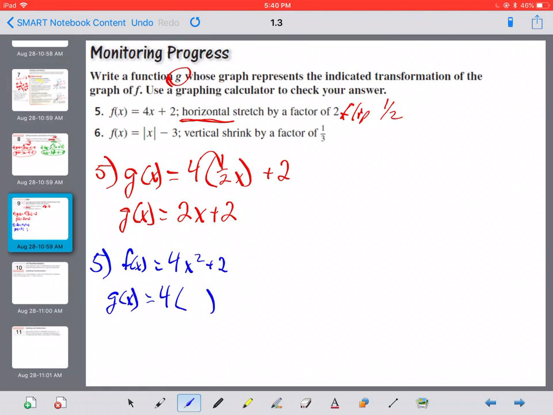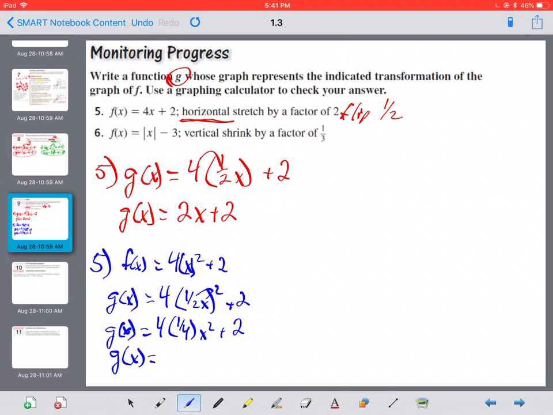So when I make it my g of x, I leave my 4 and I'm going to multiply something times x, and it's squared because it goes inside the parentheses with the x, so we single the x out and we're going to put it inside there, plus 2. If I put a 1/2 in there, that changes things up a bit because now the squared applies to the 1/2 and to the x. So that leaves the 4 there. It makes it 1/4.